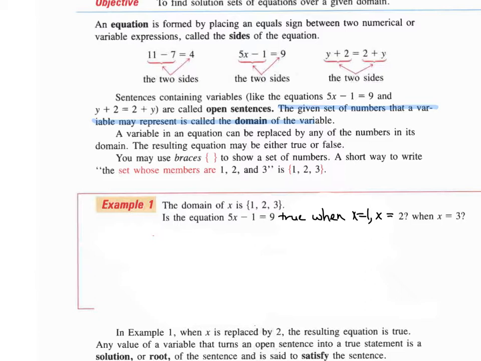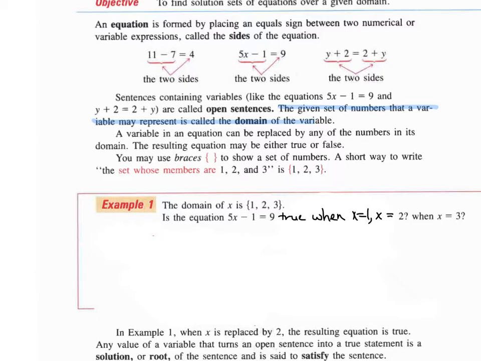Well, the domain is basically the possible values of the variable. Okay, good. So it's your input value, all of the values that the variable could be. So in this case, they're going to give us a domain, and they're going to ask us to find out which one is the true answer.